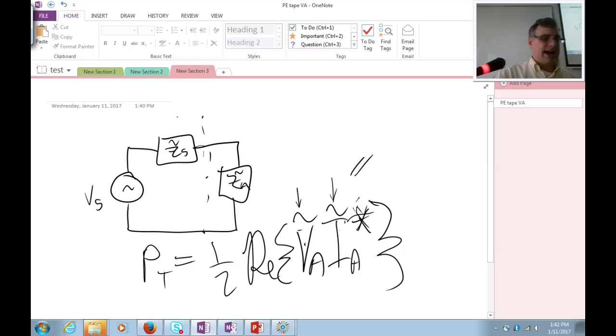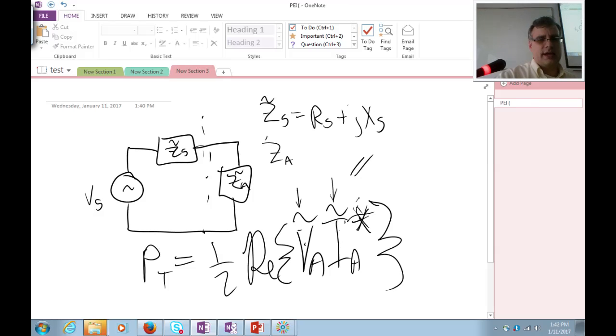Okay, and for this circuit, if you spell it out, Z sub S of course has a real resistive part and a reactive imaginary part. And Z sub A has a real resistive part and a reactive part.